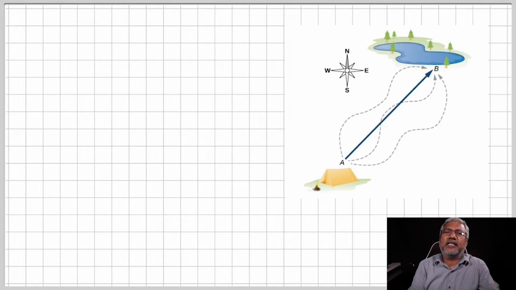So the first thing is, as you look at this picture, you see that to go from A to B, there are different routes that can be taken. So along the dotted lines, you can go along any one of those dotted lines from A to B, and that is called the distance.